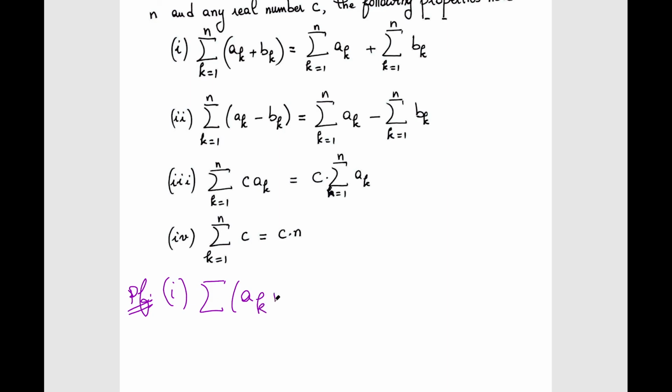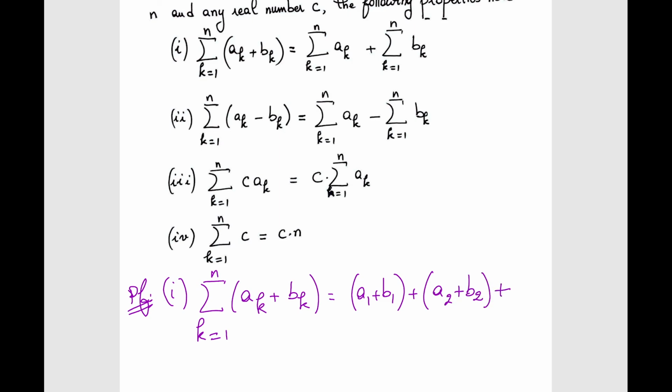Sigma of a_k plus b_k, where k goes from 1 all the way to n. What does this mean? Well, when k is 1, this means a1 plus b1, plus, because I have sigma, when k is 2, this means a2 plus b2.